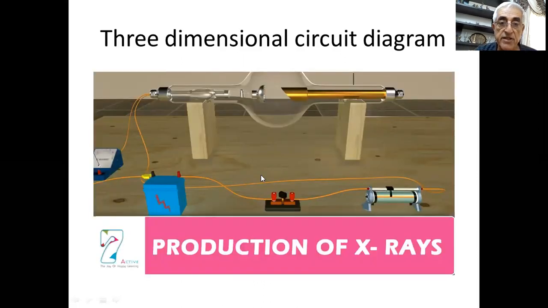And this is a three-dimensional circuit diagram of the production of X-rays, clearly seen. This is the high voltage. Then from this circuit diagram, this is the voltmeter or ammeter, reading the galvanometer. And this is the instrument that produces high-speed electrons striking the target and then emits X-rays.